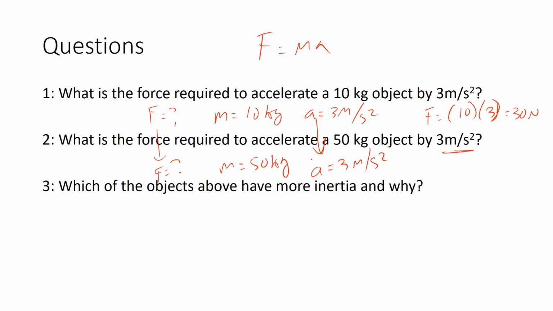Is it going to be easier or harder to get that thing accelerating? And it's going to be harder. And if you solve for it, let's go back. This one is 50 kilograms. So 50 times 3, and it's going to be 150 newtons. So it takes much more force because this object is bigger than that object right there. So which one has more inertia?